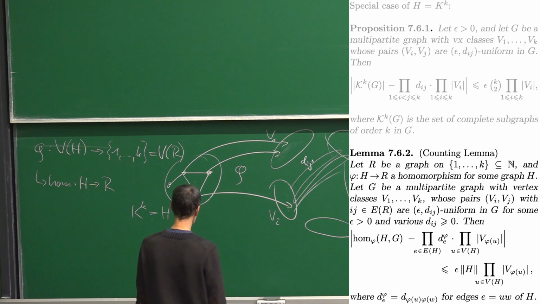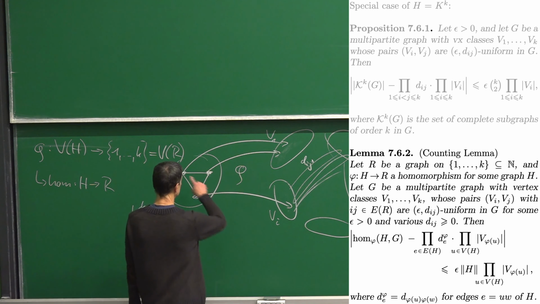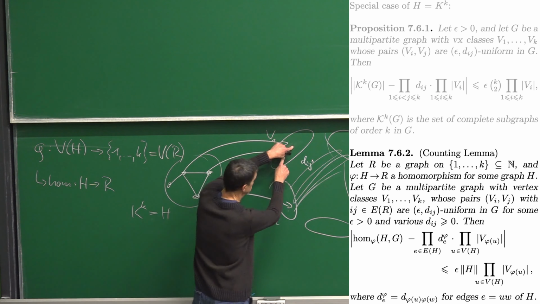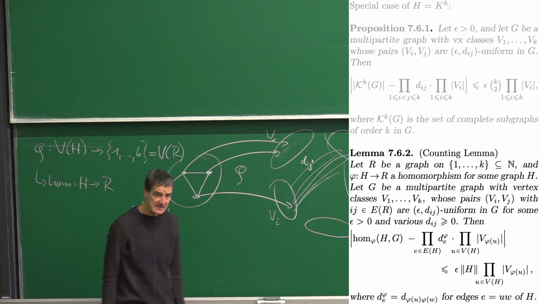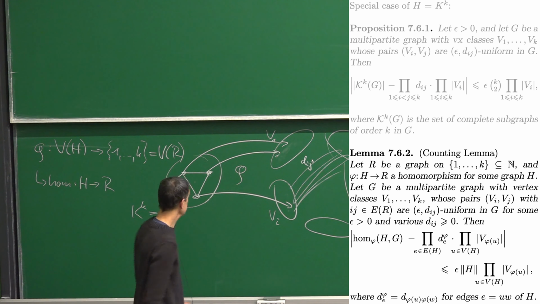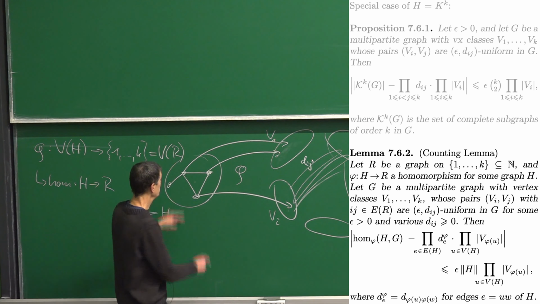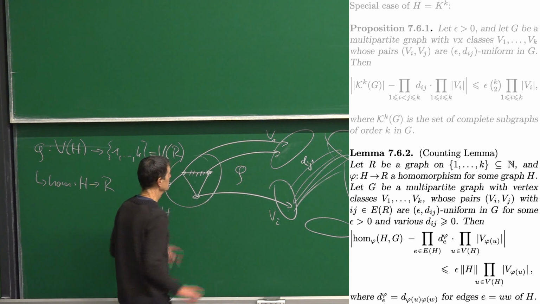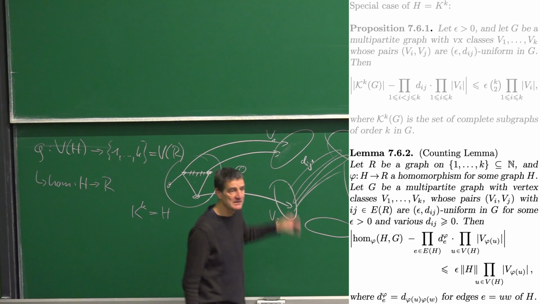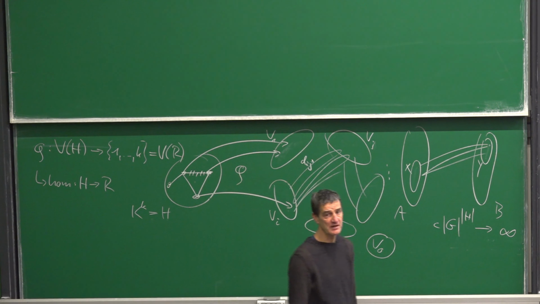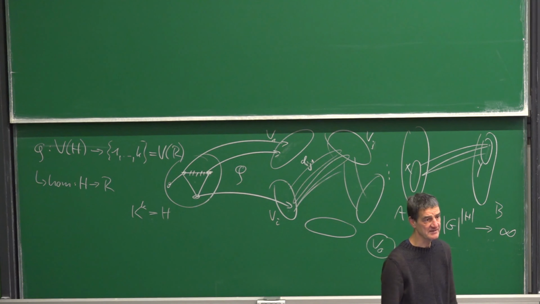So it is allowed that two vertices map to the same index, but since that index is a vertex of R that doesn't have a loop, these two vertices mapping to the same vertex of R were then not allowed to be adjacent. Okay?